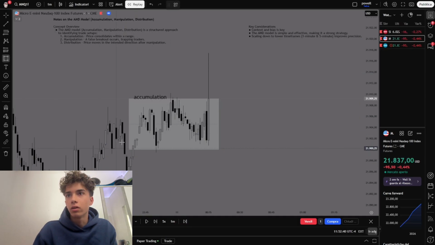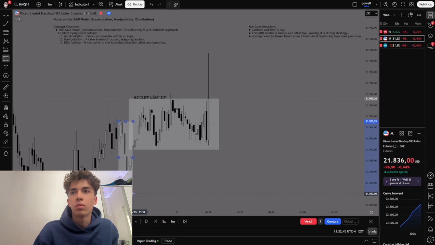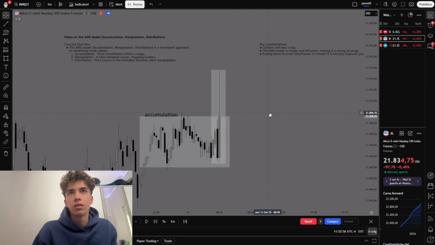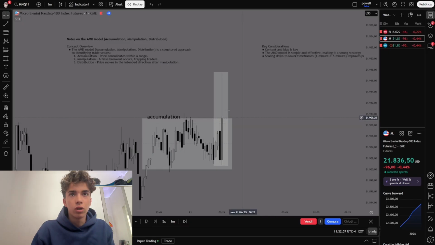This will be an example, not of AMD but of manipulation. This could be a manipulation, but that's not an AMD. In this case, we have this one that is the manipulation, this candle here.